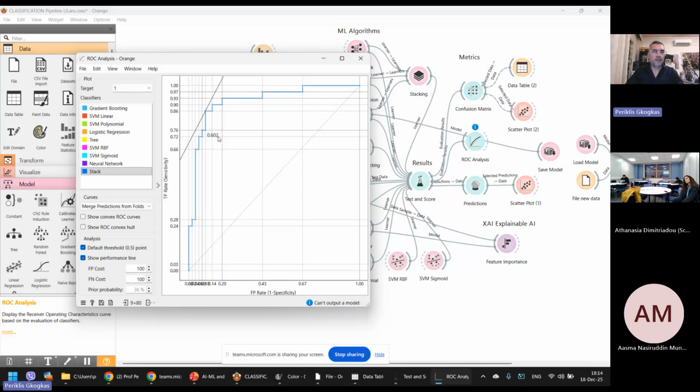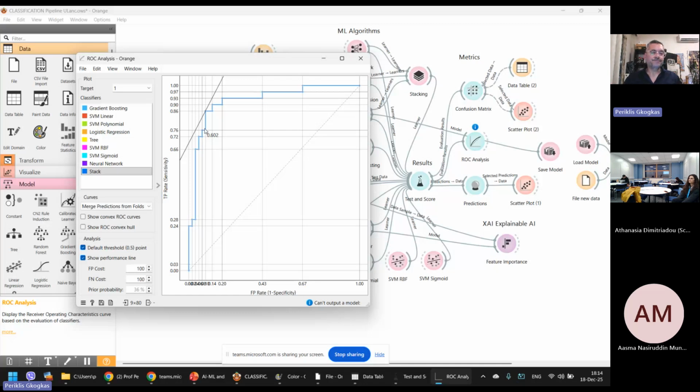You see here 0.602, because automatically Orange shows the observation that has a probability closer to 0.5. This is the specific observation that has a probability closer to the 0.5 that I set as a default threshold.